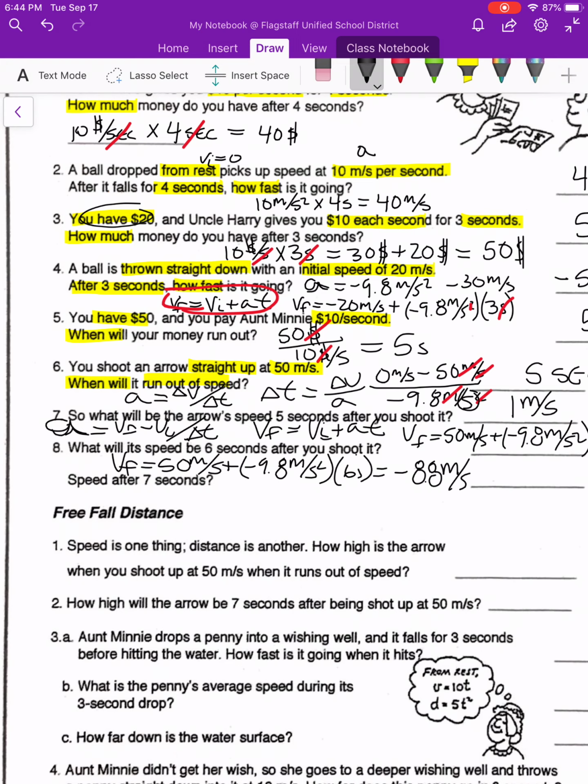So that was the answer for number 8, part 1. And then there's this second part, which is asking for it after 7 seconds. So we'll do that again.